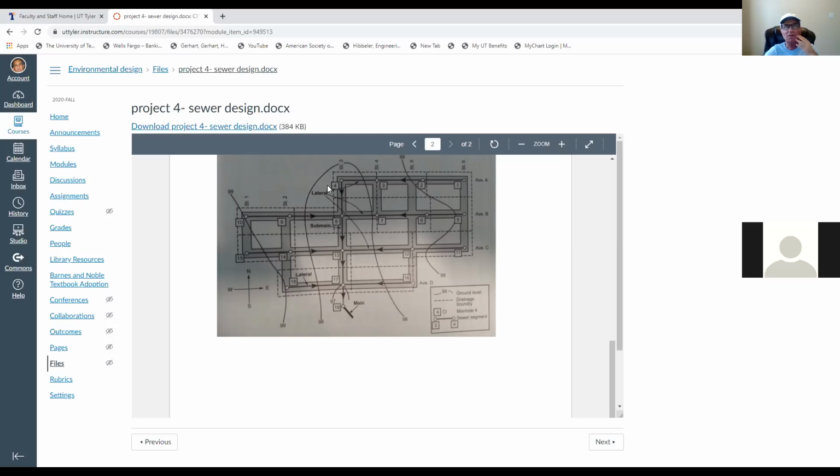You see the topography here, right? And you need distances. I gave this to you; we'll see down the road. Now, this submain is going to collect everything that comes from this lateral, from Avenue A. This goes to manhole 4 and runs this way.